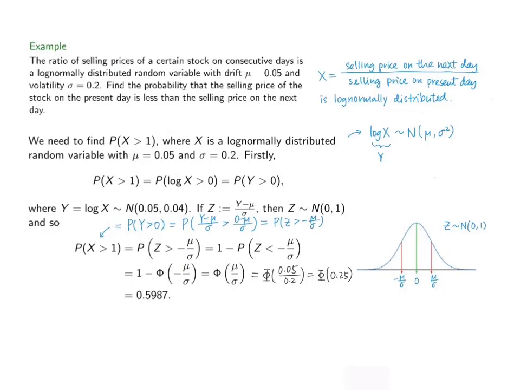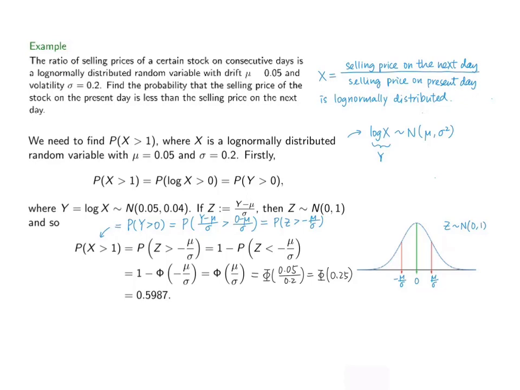We denote X as the ratio of the selling price of the stock on the next day to the selling price of the stock on the present day. Then, according to the given information, X follows log-normal distribution with drift 0.05 and volatility 0.2. That means log X will be normally distributed with mean 0.05 and variance 0.2 squared.